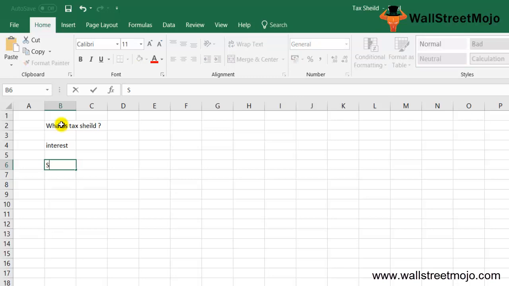So it is a way to save cash flows and increase the value of the firm.